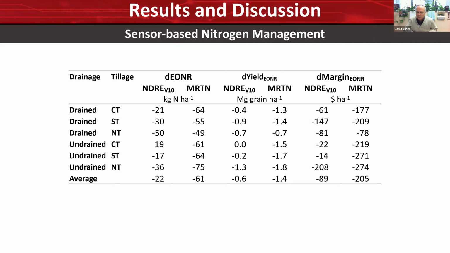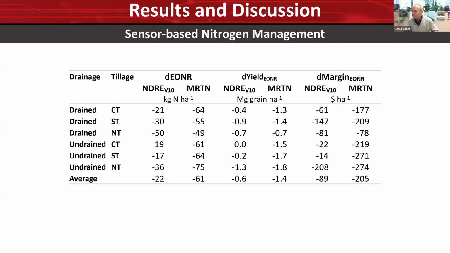So for example, would you be able to predict whether you needed more using that? Yes, and then I used the rate that was predicted with the sensors using the at-planting response curve. And then I used the split response curve for the actual grain yield to determine how much it would have been.